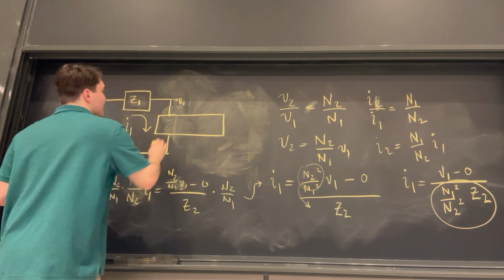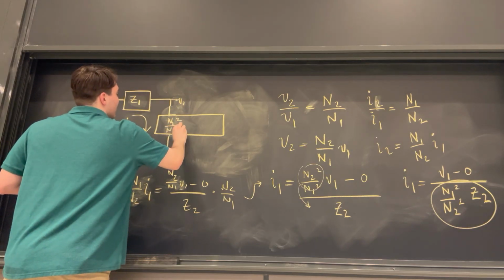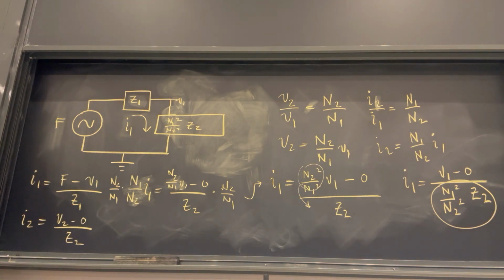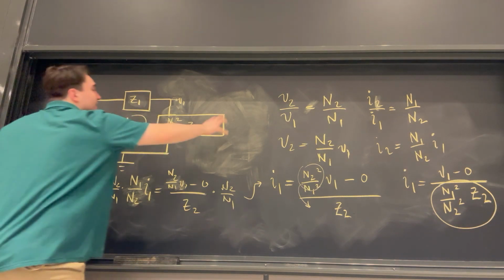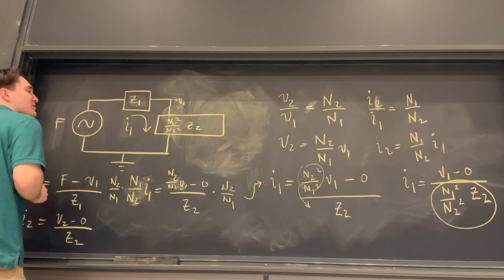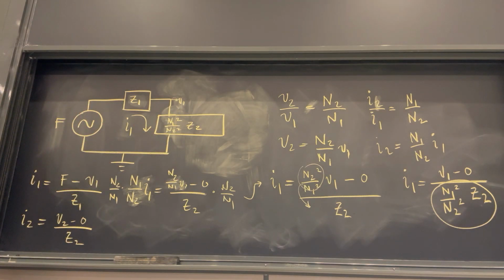I now want something with a complex impedance of N1 squared all over N2 squared times Z2. So I can get rid of that transformer and just bring that impedance over here, scale it by this special factor, N1 squared over N2 squared, and pull it into this side of the circuit. So that's how you can always rederive this special formula.